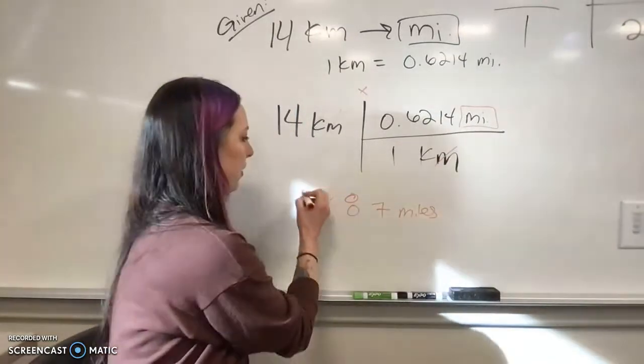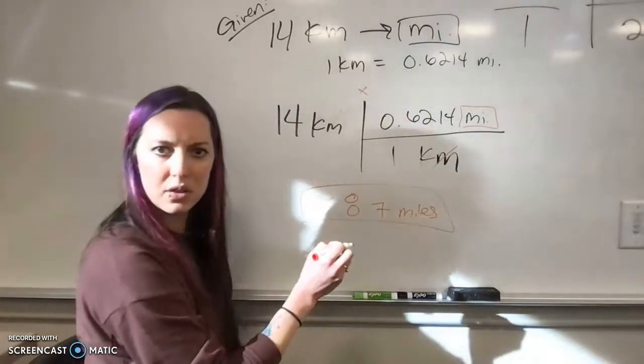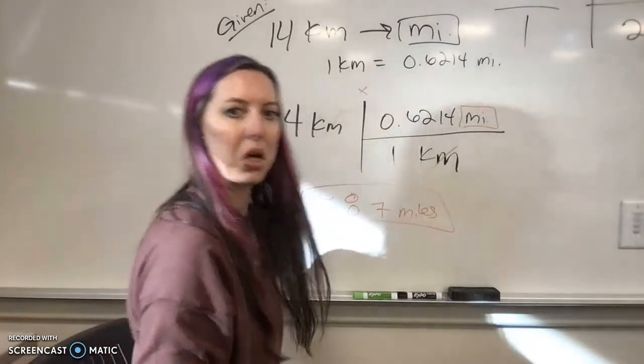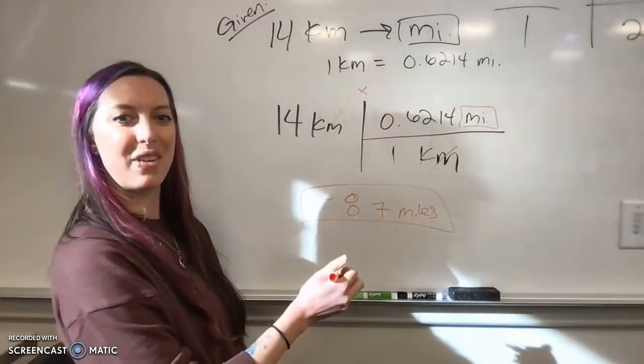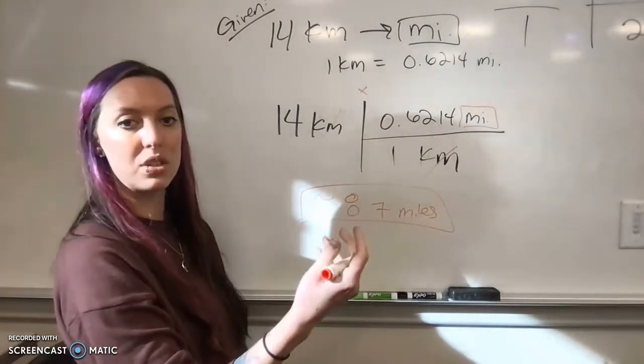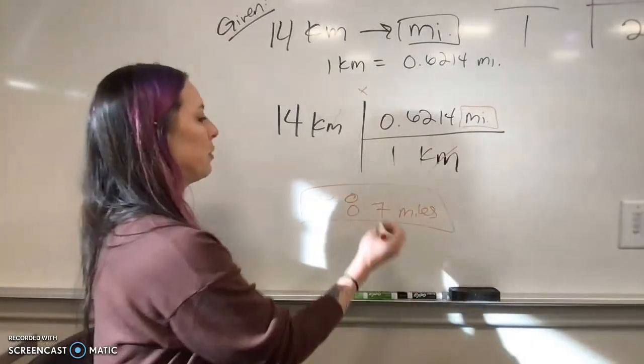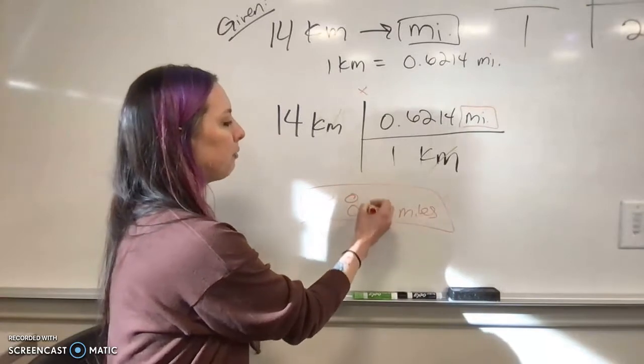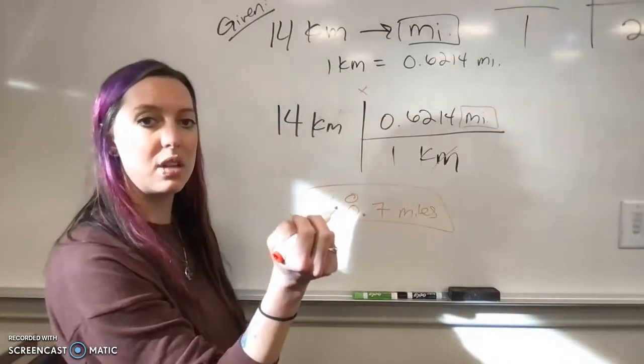And that is our final answer. Sorry, I'm trying to block the sun here a little bit. 8.7 miles. And so on the labs, I request that you round to the nearest tenth. So remember the tenth is the next number to the right of the decimal space.